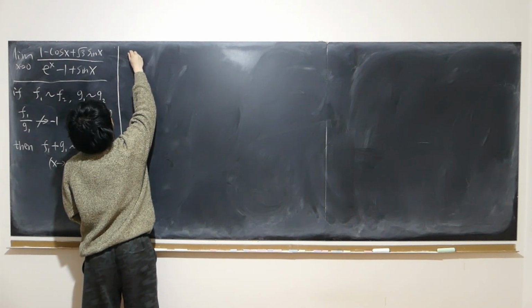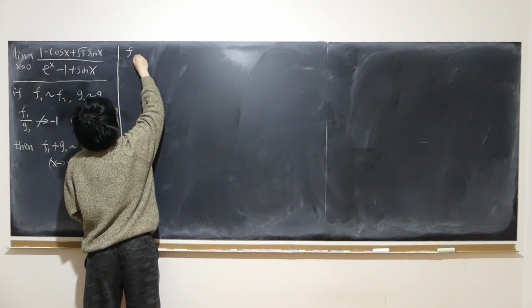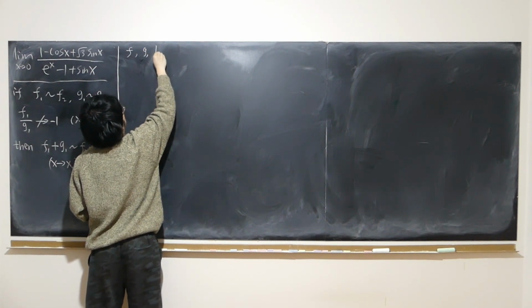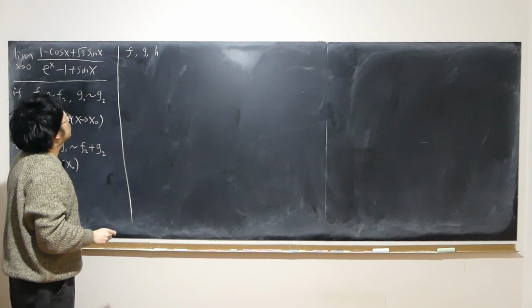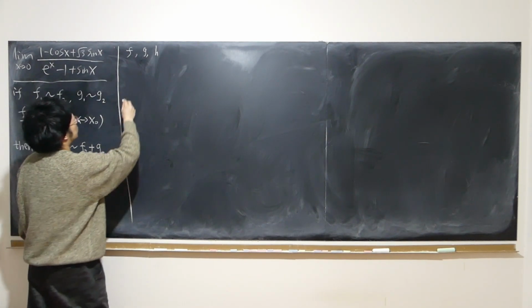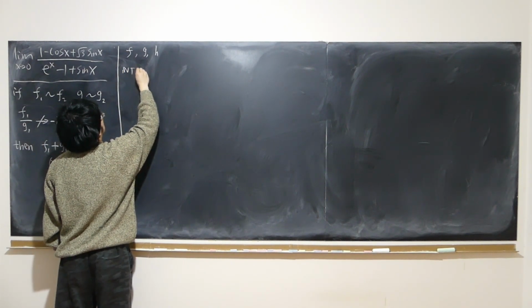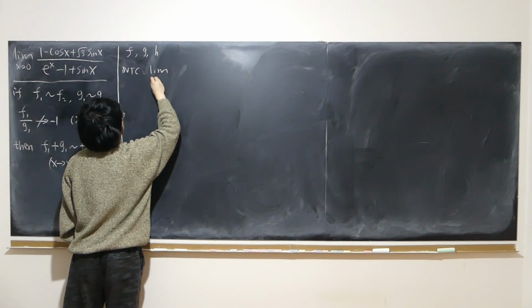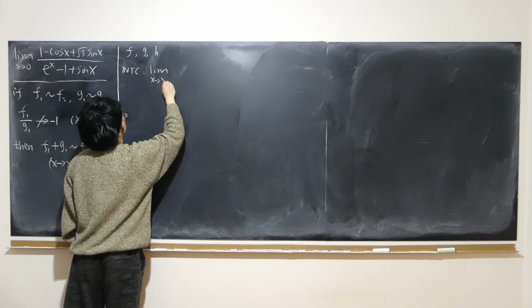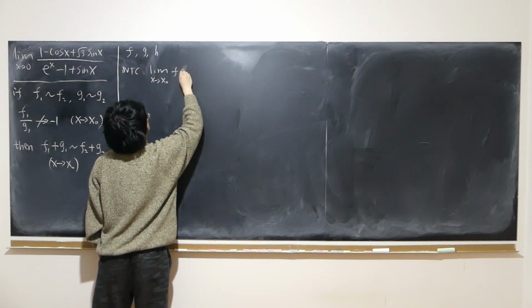Let's say we have functions f, g, h, mapping from real numbers to real numbers. Let's say we want to calculate the limit as x approaches some x naught of f times g.